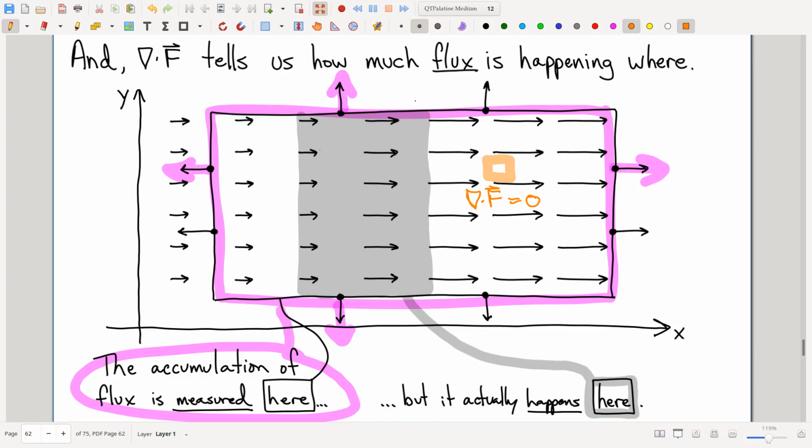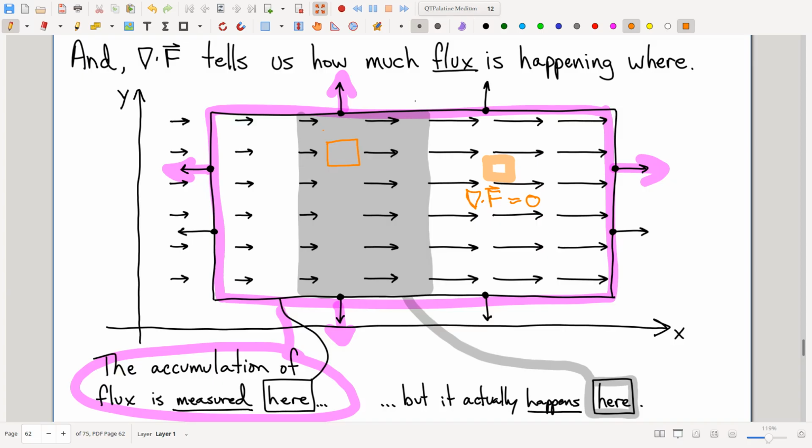Whereas, by contrast, if you were to look at a region like this, now there's some inward and some outward at the same time. But you see how in this gray area, the field strength is increasing as we move to the right. So on that left edge, it's a negative outward, aka inward, flux. And on this edge, it's a positive outward flux.